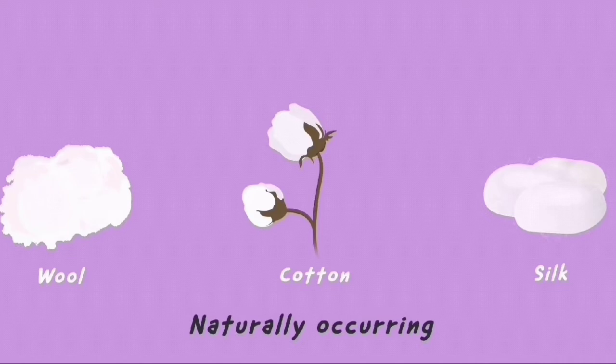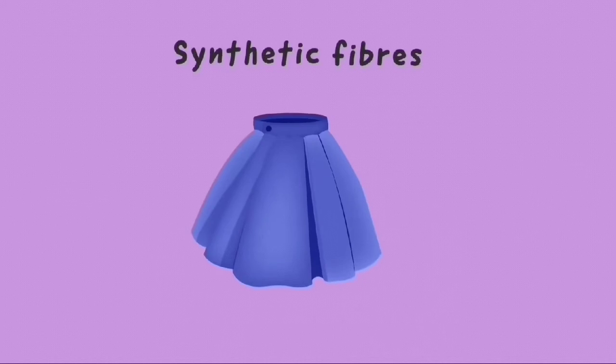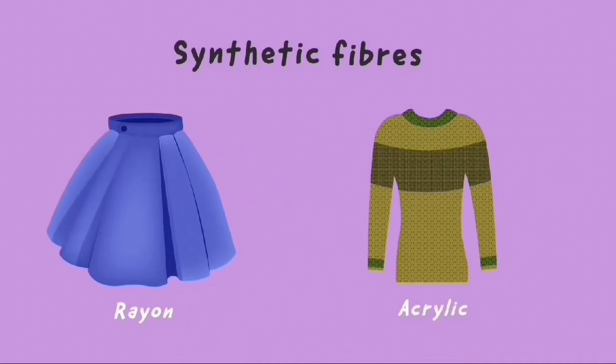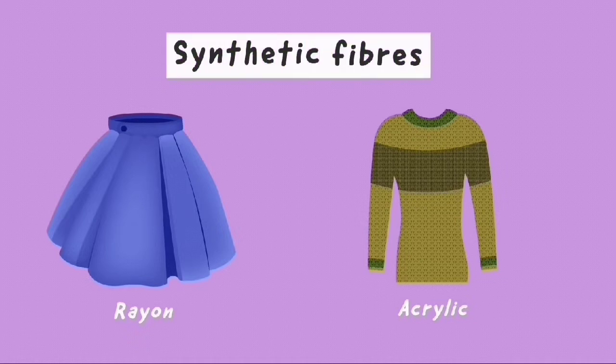Then what are synthetic fibers? The shiny clothes made up of rayon, the warm and soft clothes made up of acrylic are all what we normally use. All these are examples of synthetic fibers.